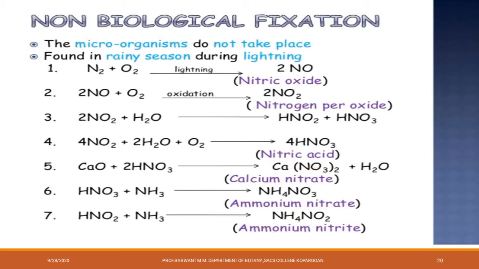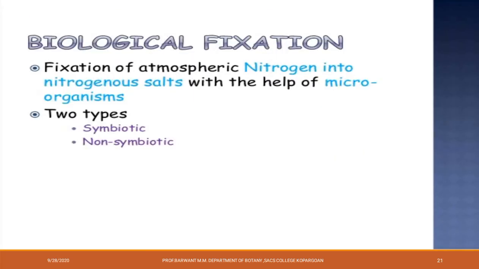You can easily remember it: by the oxidation and hydration of nitrogen molecules, it gives different nitrogenous compounds like nitric oxide, nitrogen peroxide, then nitric acid, calcium nitrate, ammonium nitrate. These compounds are formed with the help of nitrogen conversion, known as non-biological nitrogen fixation.